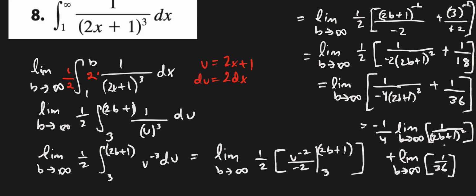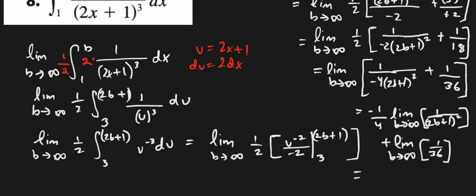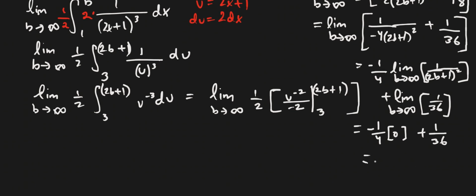So here in the bottom, infinity times 2 is infinity plus 1, infinity squared is infinity, 1 over infinity. The bottom gets larger and larger. This approaches 0, so this is negative 1/4 times 0 plus 1 over 36. Okay, and so this is actually quite beautiful.